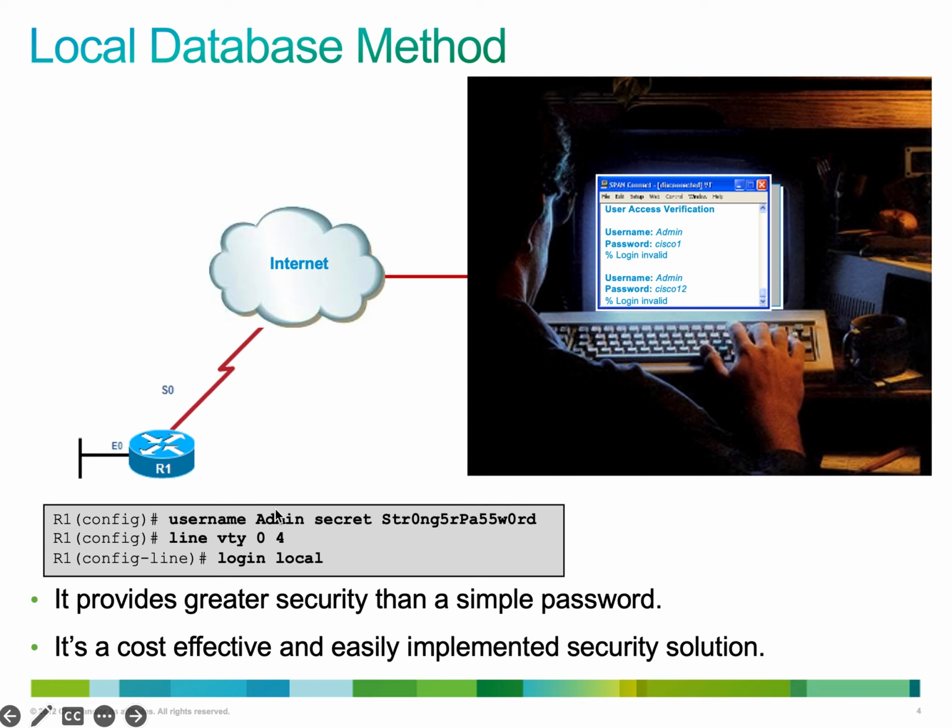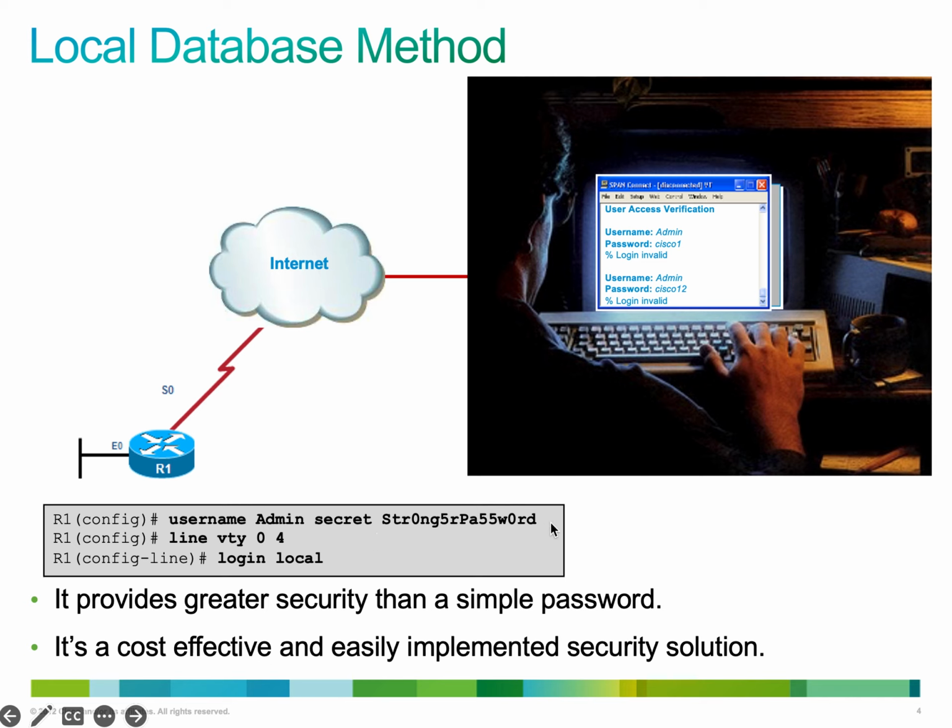The username is admin. You put admin for your username. So this is what you do when you're using the local database method. In your case, whatever you're using for your username, you write it here. In this case, admin. Secret means password.